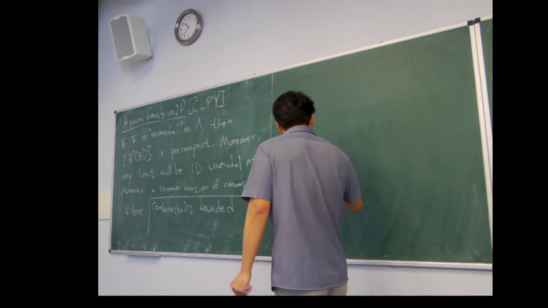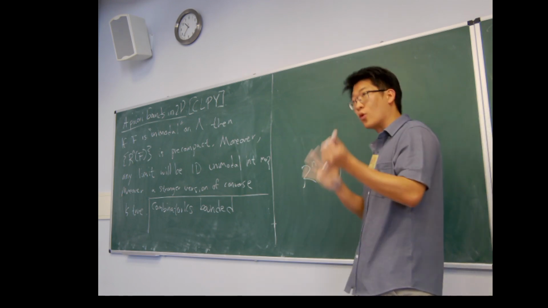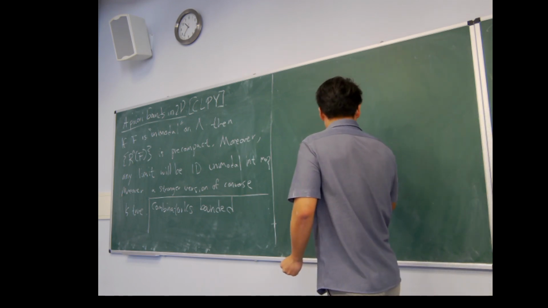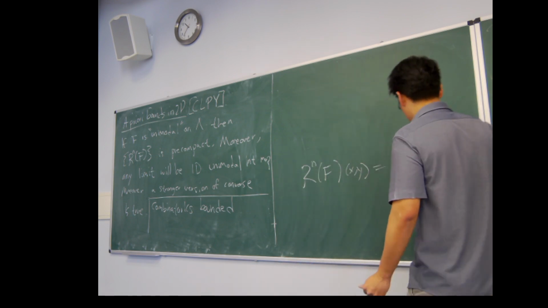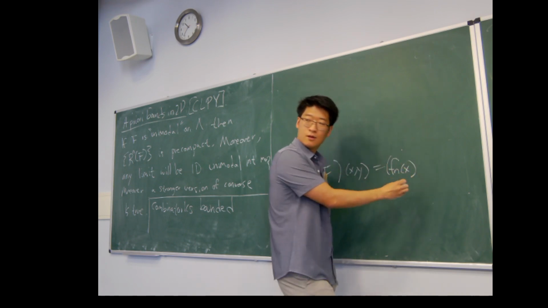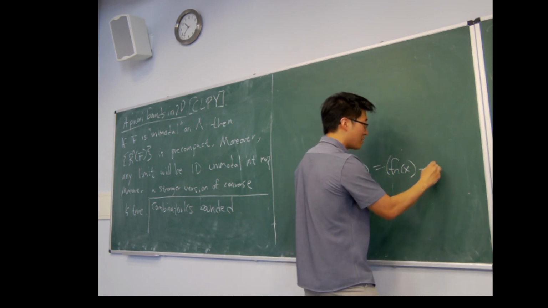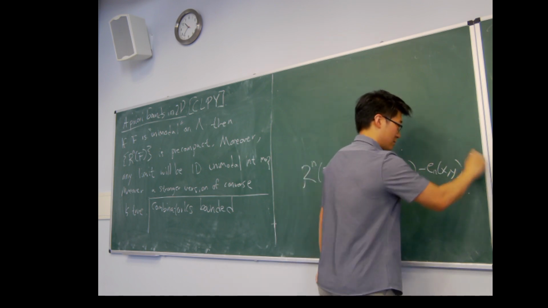You can rescale this map, do some kind of coordinate change, so that the map becomes something of the form, it's a 2D map, fn of x minus something that depends on x and y, comma x.